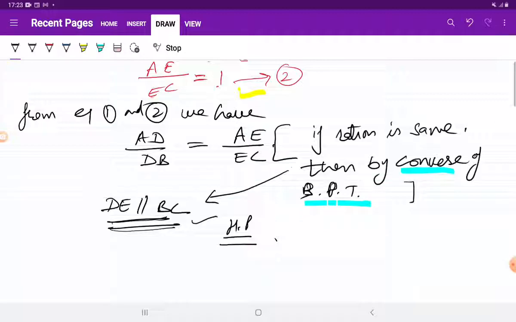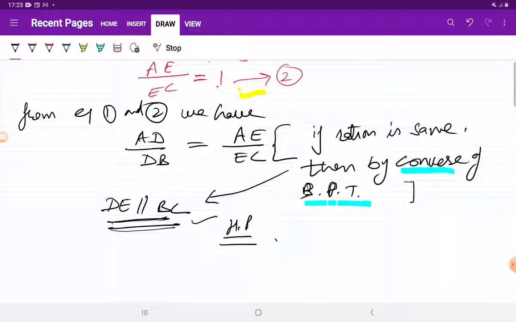You have to learn the statement, and the name also. In case a statement is given, you know that this is the converse of BPT, but if you have not memorized the statement, you are not able to answer. So you have to learn the statement and the name also. Everything you have to learn, and side by side you have to write the reasons also, where you have to use which result. You should be aware of all these things, then you can get your full marks, right?